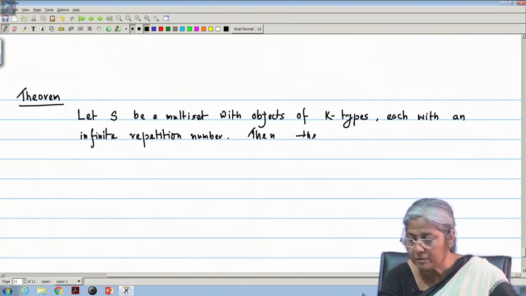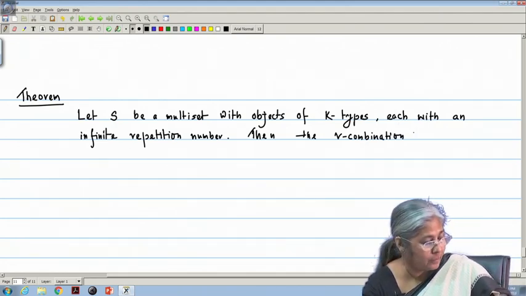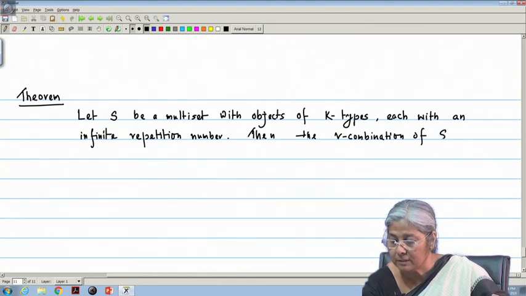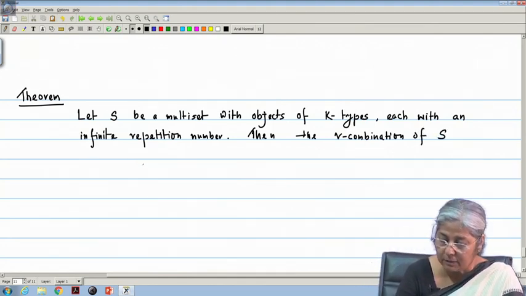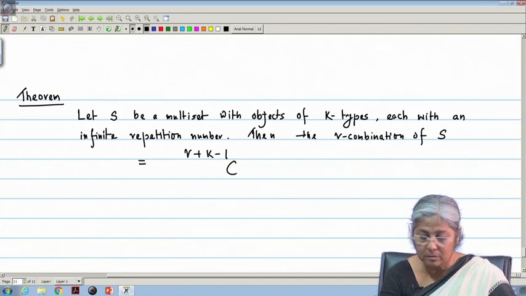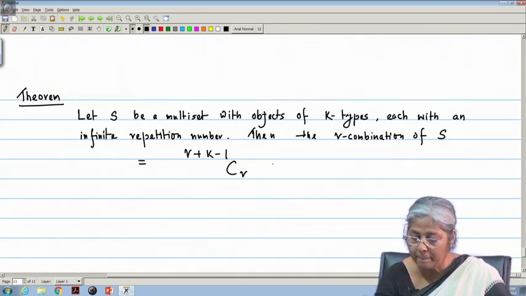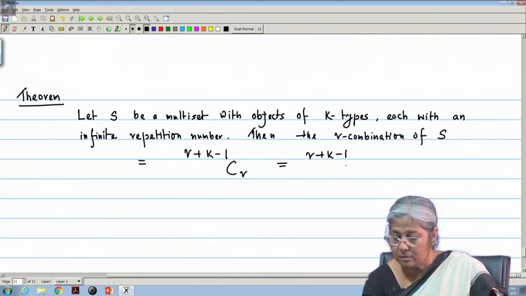Then the R combination of the set S is R plus k minus 1 C R, which is the same as R plus k minus 1 C k minus 1.